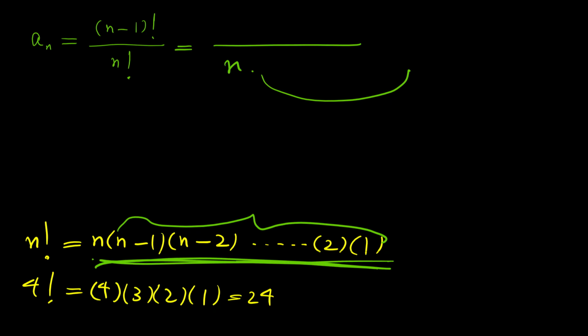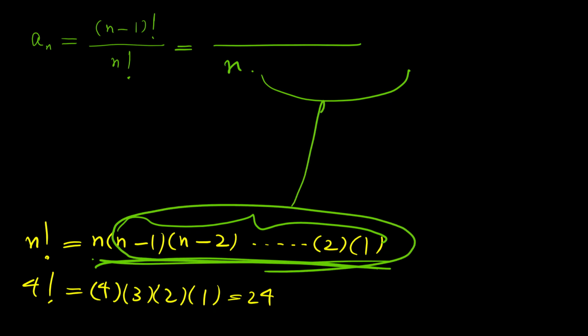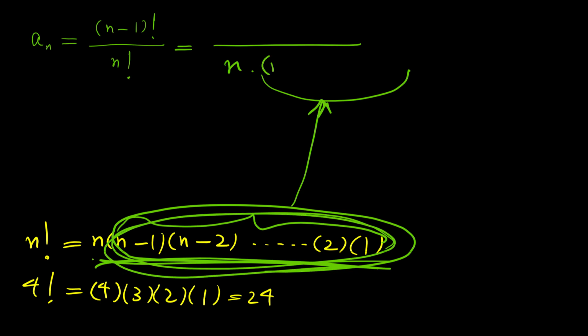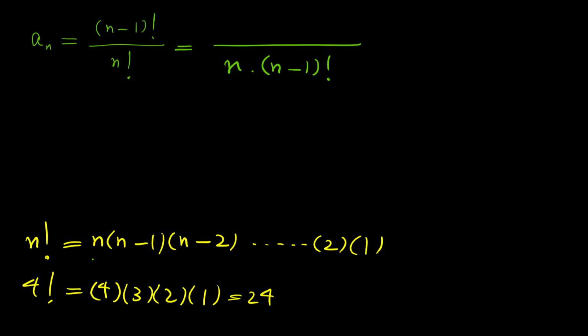But attention, what is it that you want to write here? n minus 1 times n minus 2 times n minus 3 up to 2, then 1. This expression is basically exactly n minus 1 factorial. So we don't need to open n factorial completely. We write n factorial is basically n times n minus 1 factorial.